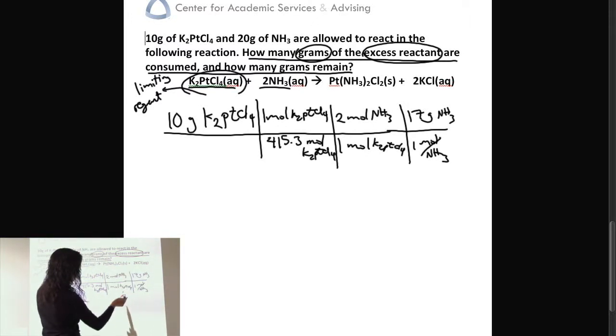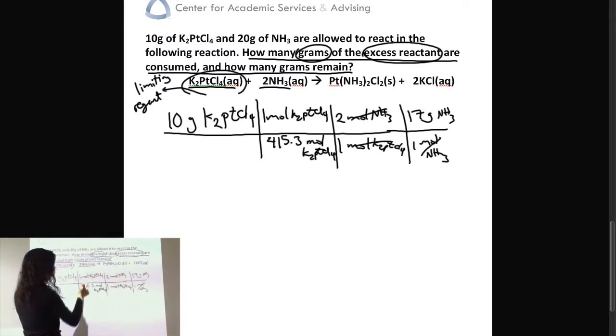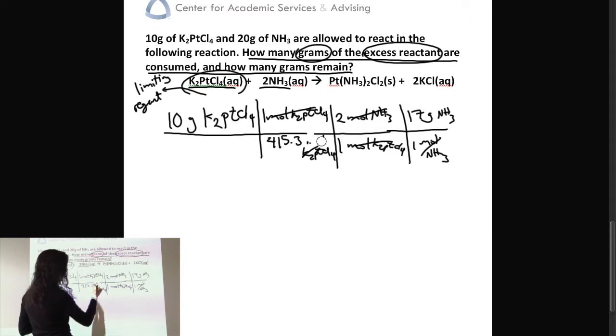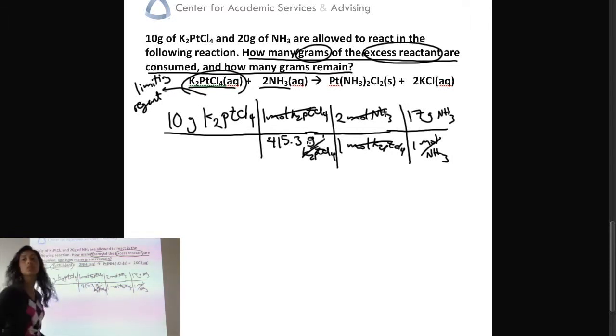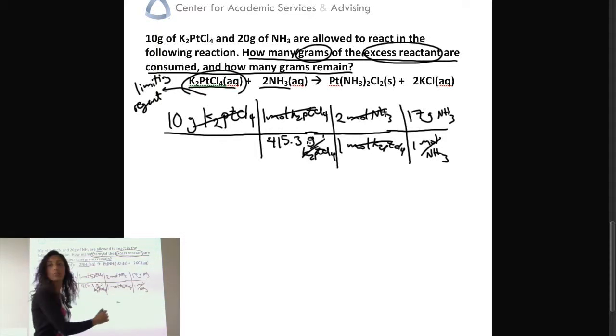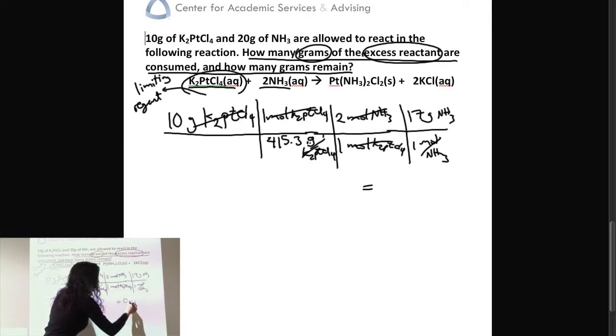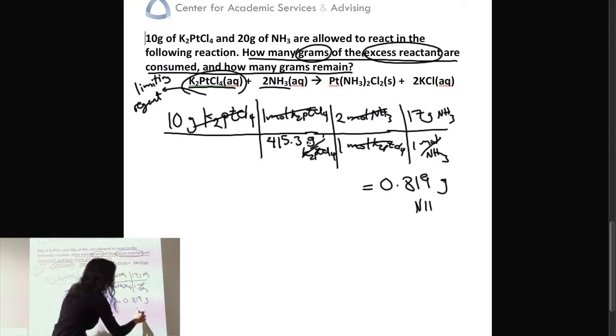And moles of K2PtCl4 cancel that. Oh, I'm sorry, this should have said grams, not moles. So that grams cancels this gram out. And if you do that, you will get an answer of 0.819 grams of NH3 are consumed.